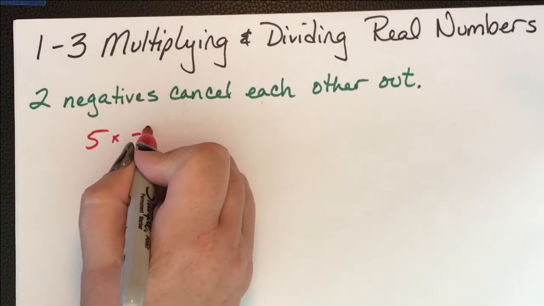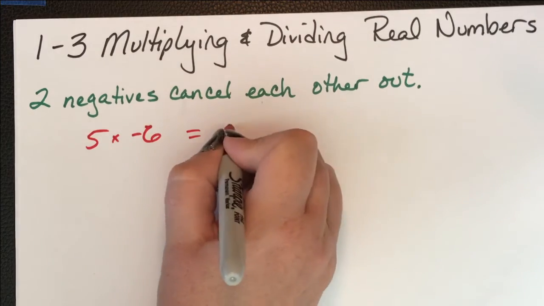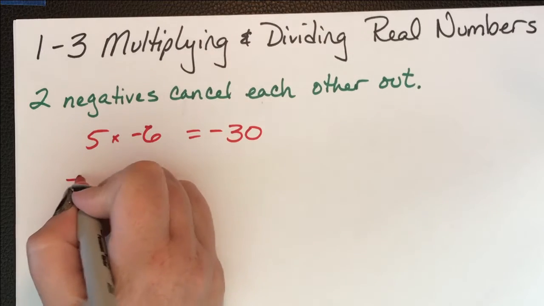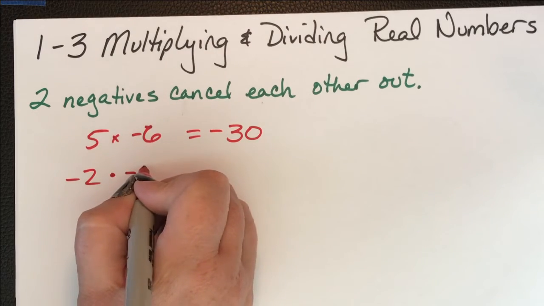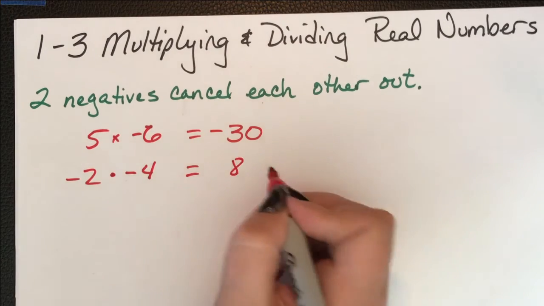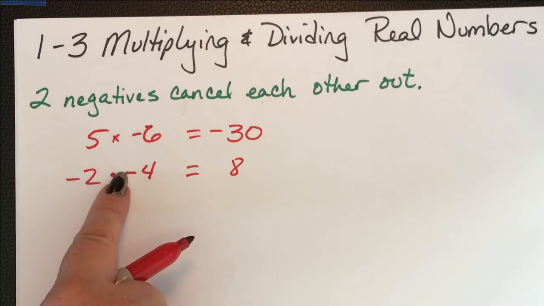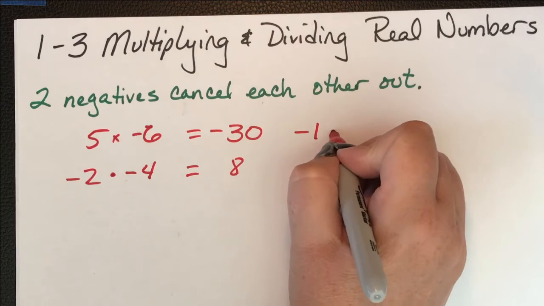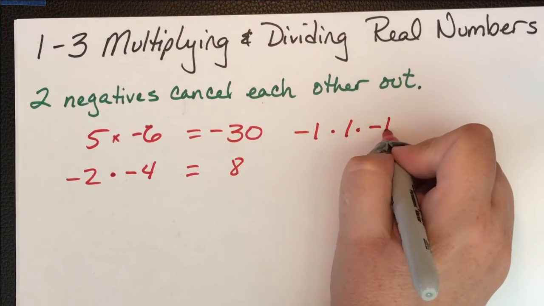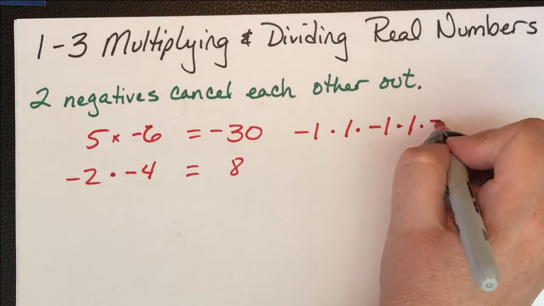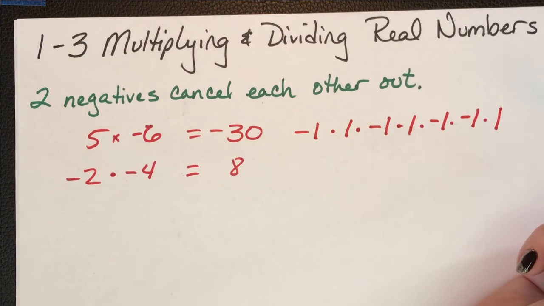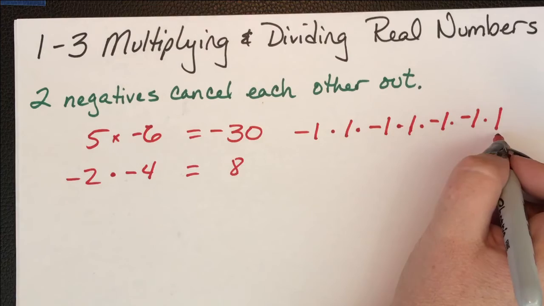5 times -6 is going to be 30 with 1 negative. -2 times -4, you do the digits, and then 2 negatives cancel each other out. The answer is positive. -1 times 1 times -1 times 1 times -1 times -1 times 1, it doesn't matter.